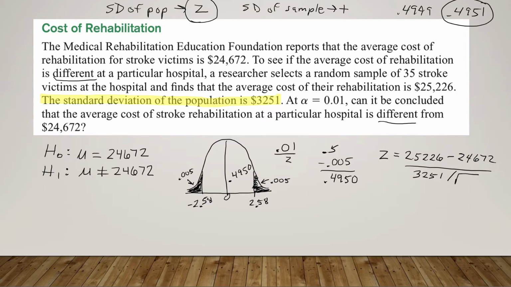So he selected a sample of 35. All right, so now I'm going to go to my calculator with that. I'm going to put a parenthesis around the top and the bottom. All right, so I'm going to get 1.01 for my z-score.